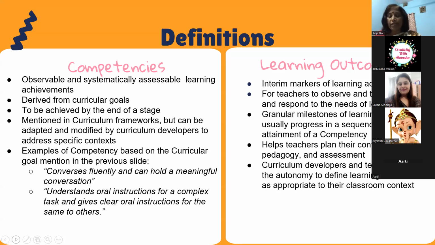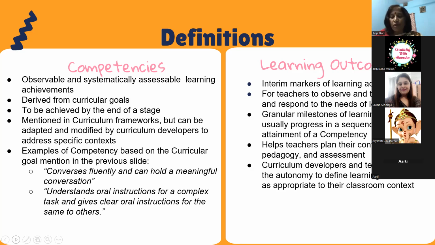And if you see here, there's a small goal, that is, children develop effective communication skills for day-to-day interactions in 2 languages. This is one of the curricular goals for the foundational stage. Now, what should be the competencies here? You can see here, the child converses fluently and can hold a meaningful conversation. You can have another, that is, the child understands oral instructions for a complex task and gives clear oral instructions for the same to others.